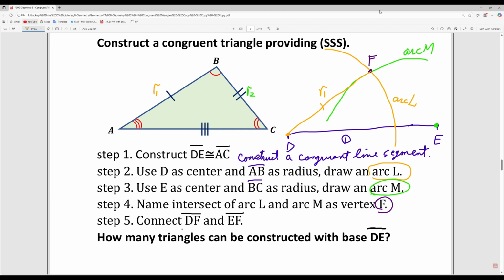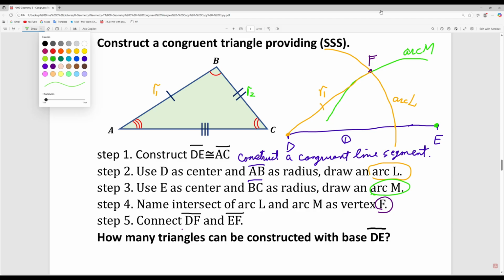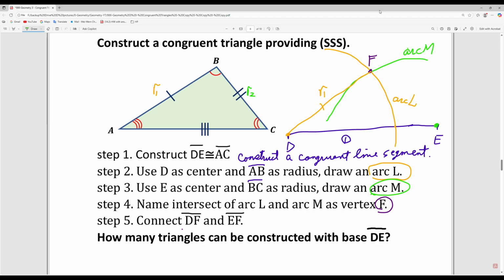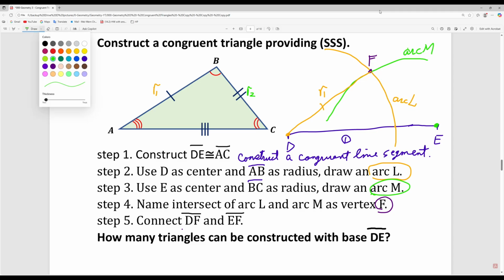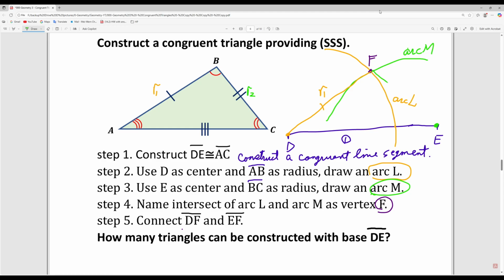And then when you connect EF, okay, when you connect EF, let me draw better. Connect EF. Better. So this equals to R2 because there's a same radius of the green arc.